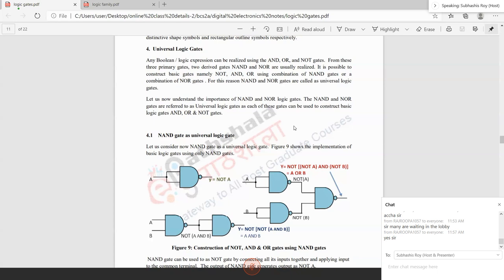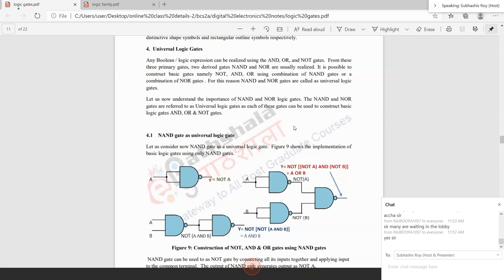Why does the concept of universal gates come in? Because suppose you are designing a complex digital system, and in that digital system you have n number of different elements. Then you have to manufacture n number of different elements.